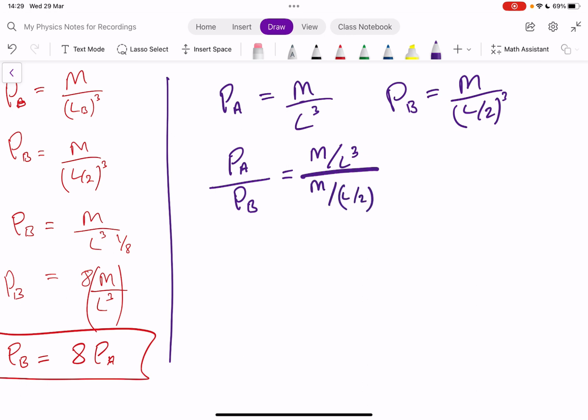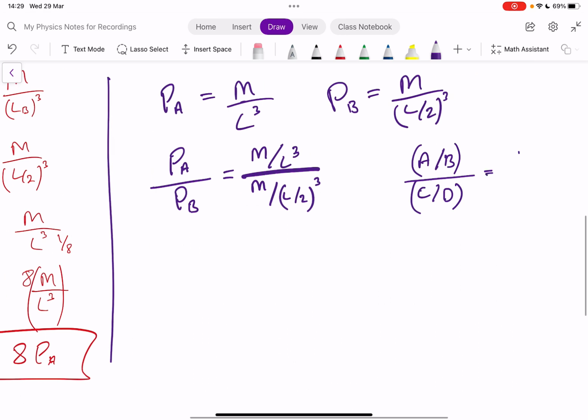Especially this one, because we've got several layers of fractions now. So it's worth just remembering that if you've got something like this, the A over B means the B does go on the bottom.